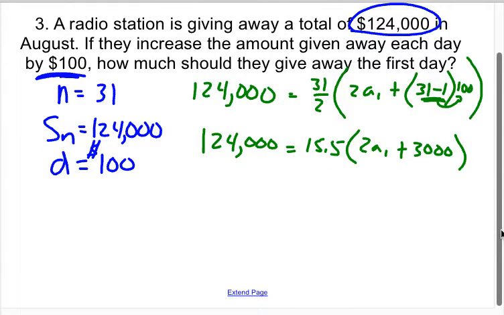So doing the math here, using the distributive property, that's going to be 31a sub 1, again our first term. 3,000 times 15.5 right here is 46,500.